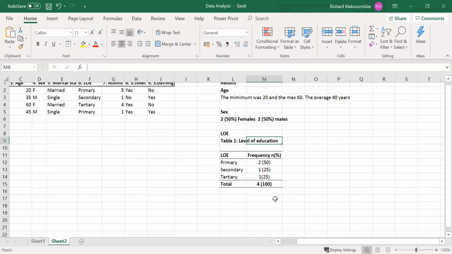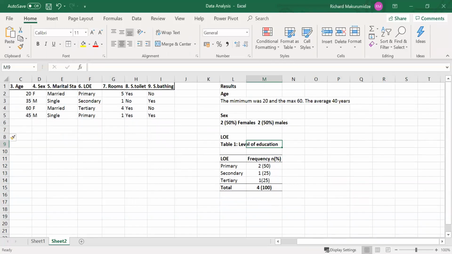Then the next thing which you might need, I'll do it here, is marital status.